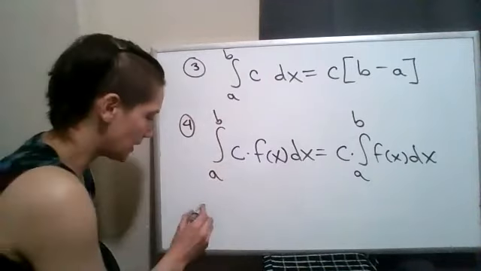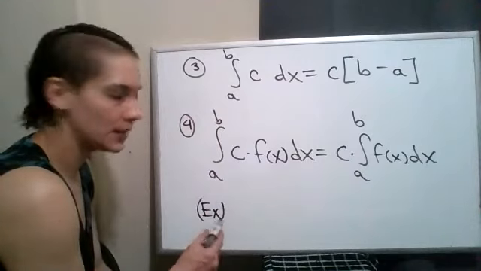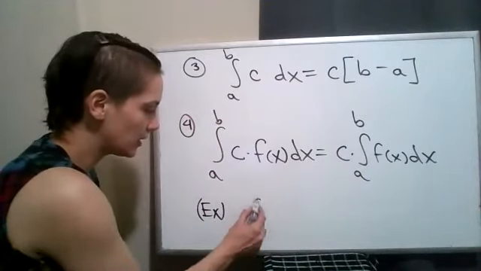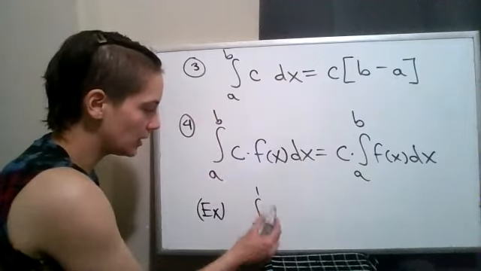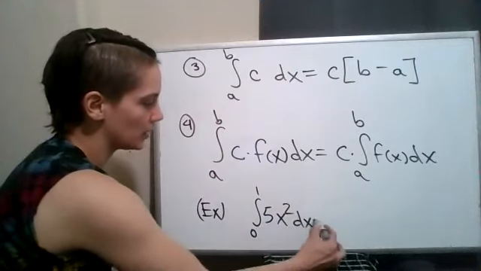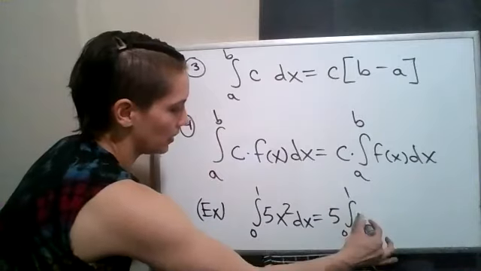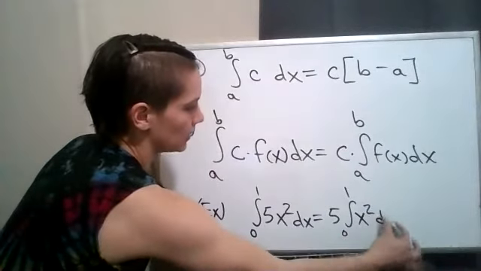Let's put down an example. We'll actually work through something like this later, but if you integrate from 0 to 1 of 5x squared dx, you write it as 5 times the integral from 0 to 1 of x squared dx.